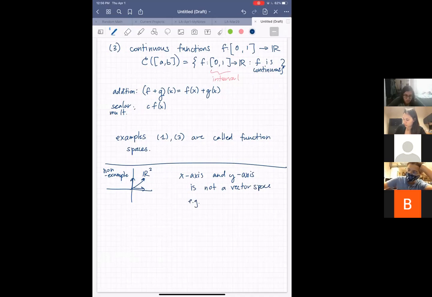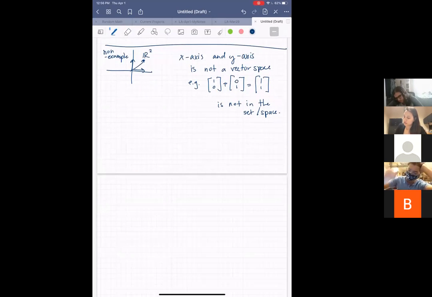For example, the vector 1, 0 plus 0, 1 equals 1, 1 is not in this set or space. Okay.